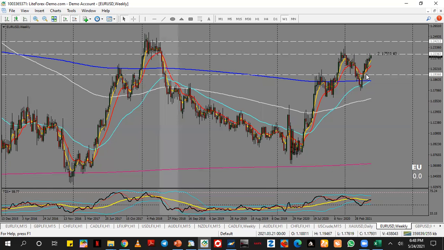Now we have a bullish market structure, and price has come to this area of resistance. So we need to see a reaction around this area of resistance. If it shows a reaction that we are going to reverse, then we'll reverse the market. But for now, we are still in a bullish market structure.